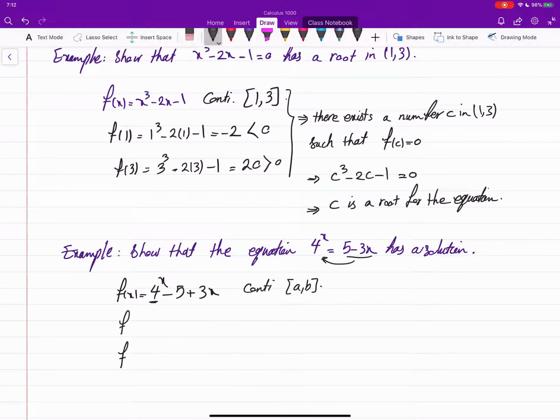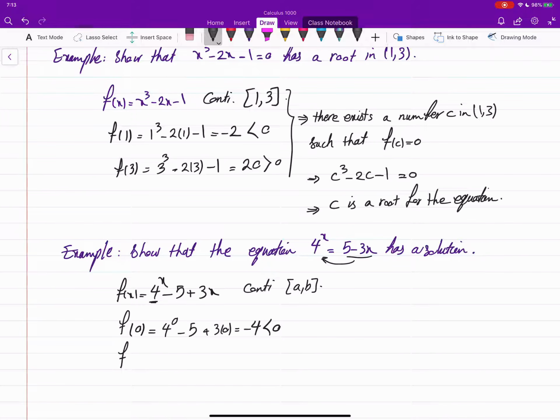For example, if we set one of these to be 0, we get 4 to the power 0 minus 5 plus 3 times 0. This is negative 4, and it is a negative number.